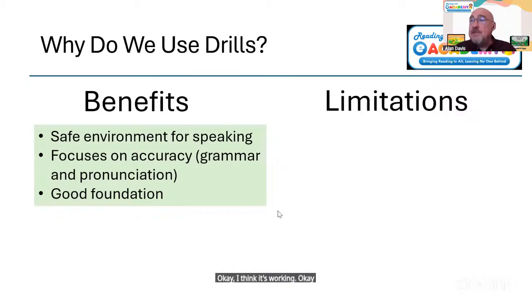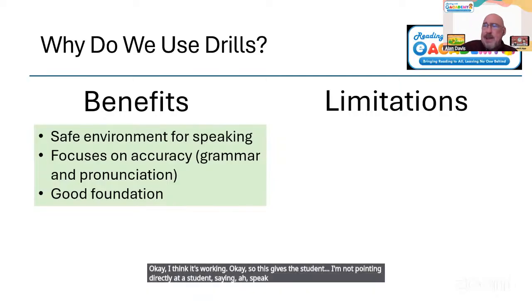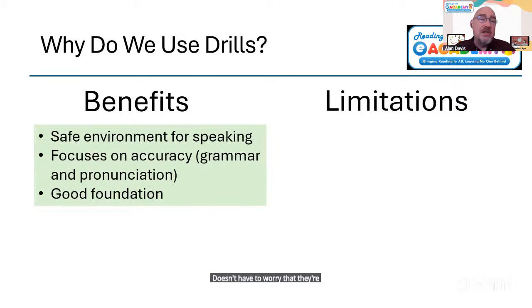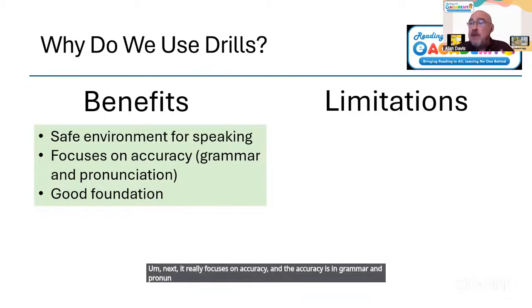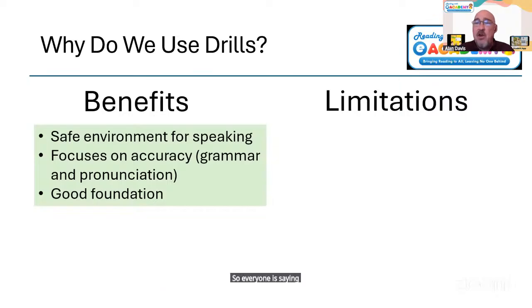Okay, so this gives the student, I'm not pointing directly at a student saying, speak, speak, speak, but everyone gets to speak together. Everyone doesn't have to worry that they're going to look foolish in front of the rest of the class. Next, it really focuses on accuracy, and the accuracy is in grammar and pronunciation, and of course, vocabulary as well. So everyone is saying the same grammar pattern.